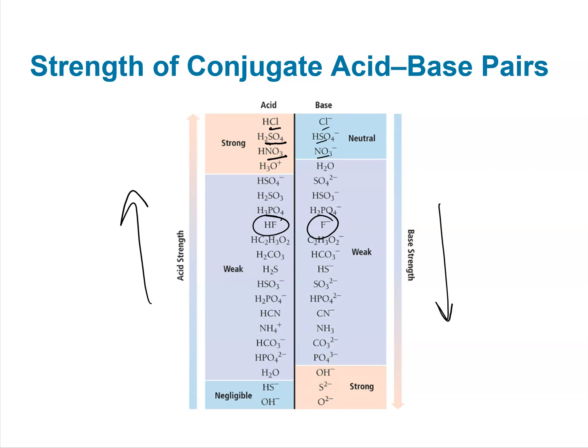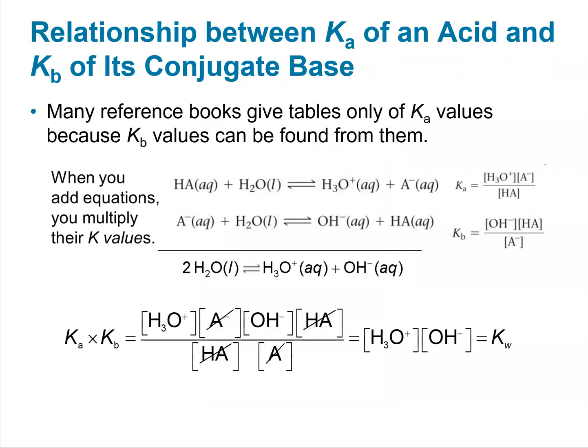It's basic, but it's only weakly basic. And then if we were to look at, say, ammonium, we know ammonia is a reasonably weak base, remember, strong and weak in terms of bases is relative, right? So it's not a strong base, but ammonia is a decently strong base. And ammonia is the conjugate base to ammonium. Well, this trend basically carries right through.